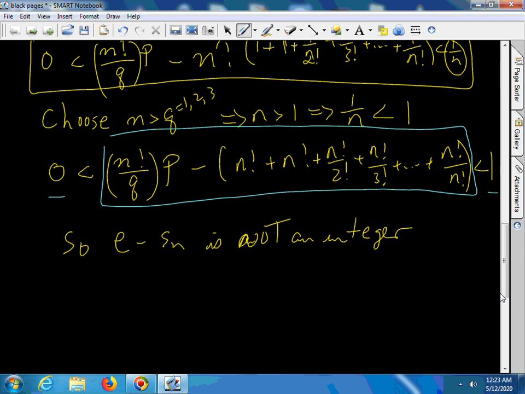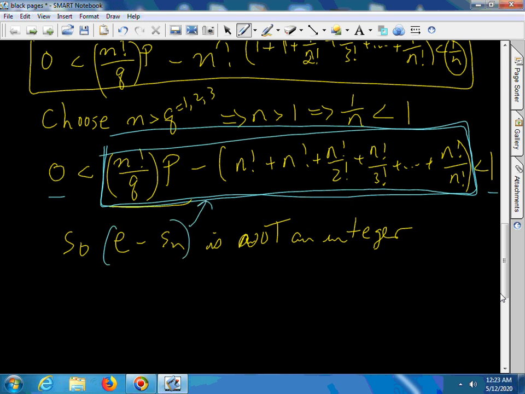It's between 0 and 1. So what's in blue here is not an integer.